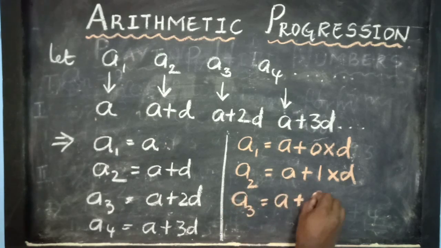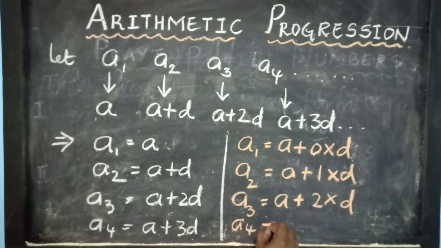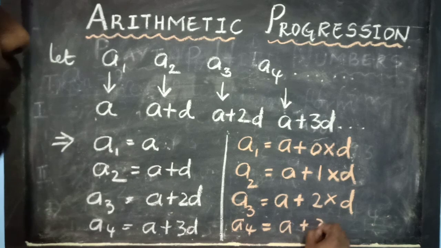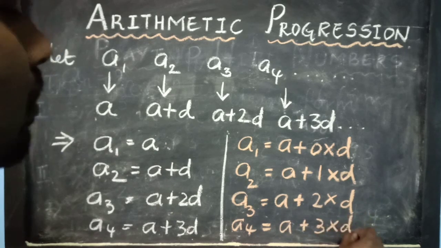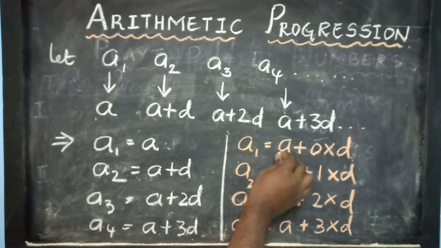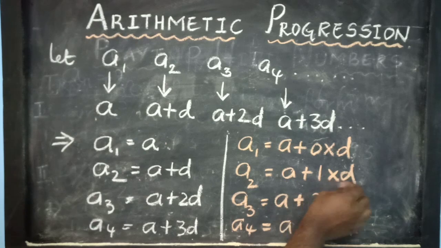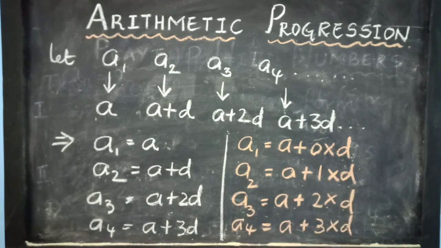A plus 2 times D. What is A4? In the same way, A plus 3 times D. I have split the terms: A1 equals A plus 0 into D, A2 is A plus 1 into D, A3 equals A plus 2 times D, A4 equals A plus 3 times D.